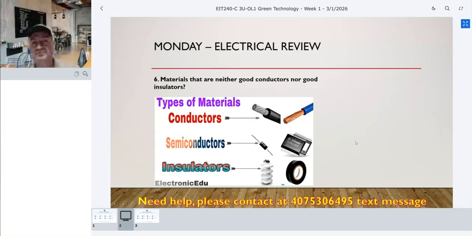Number 6 says, materials that are neither good conductor nor good insulator, right? If we remember, when we worked with basic electricity and electronics, probably you saw this class before.